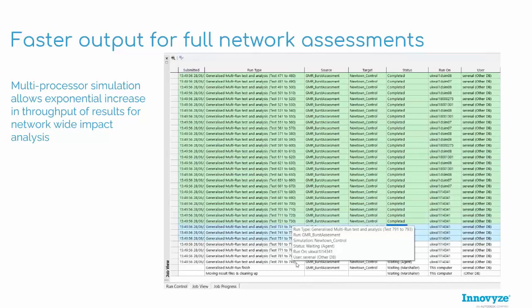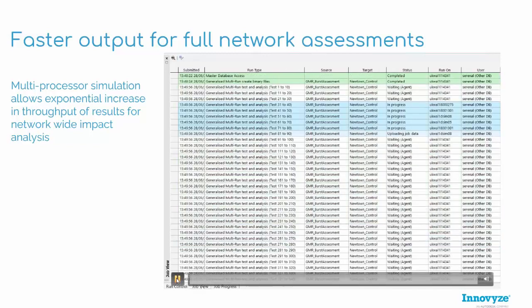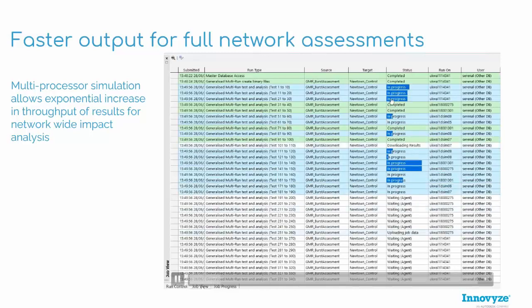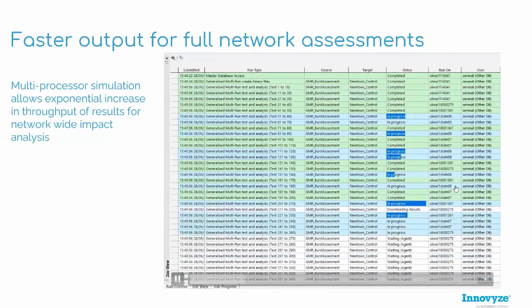So we can see here we've got a generalized multi-run, 800 tests that it's doing on 800 assets, and we can see here what each group of tests is doing, and they are working in parallel. They are simulating in parallel on a whole range of different machines.